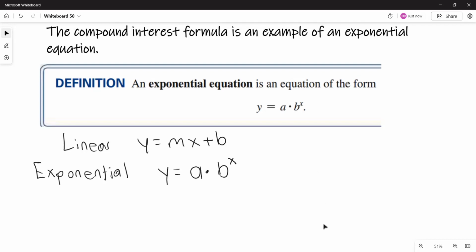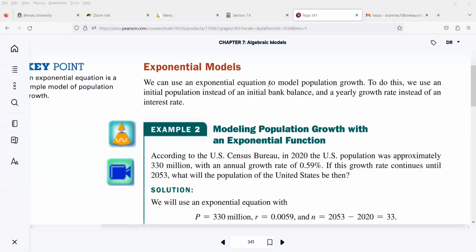So we're doing example 2. We can use this idea in other contexts, not necessarily for compound interest. We can use an exponential equation to model population growth. To do this, we use an initial population instead of an initial bank balance and a yearly growth rate instead of an interest rate.